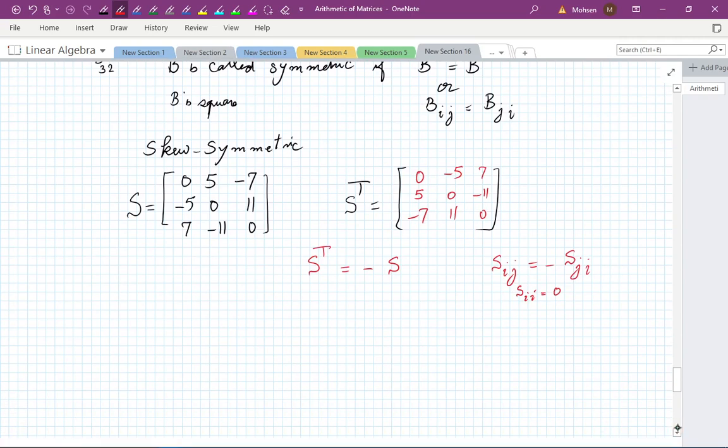Any arbitrary square matrix can be written as a sum of a symmetric and a skew symmetric matrix. I'm going to write this as a problem for you to solve, but we are not going to spend any more time on it.